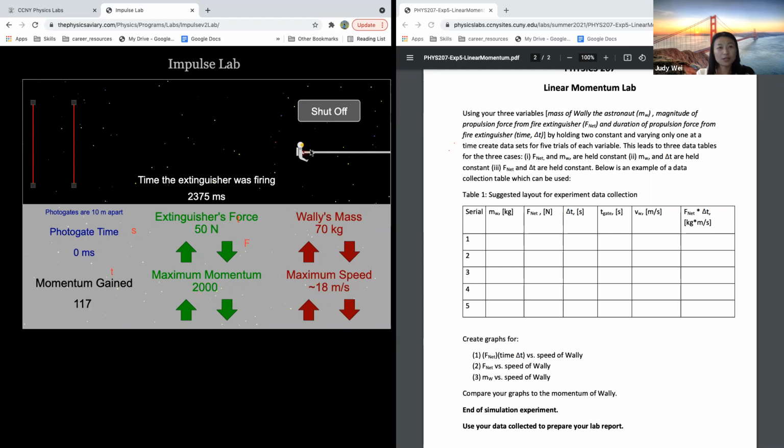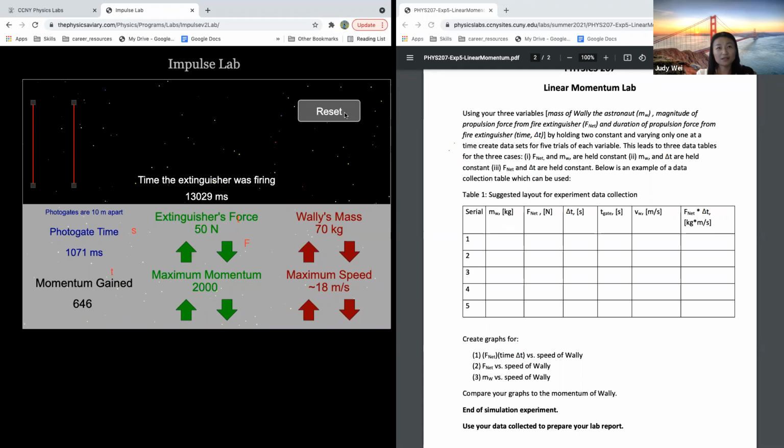Let's say when I do the extinguisher, I reach to here. So how long does it take? Okay, it's 13,000, basically 13 seconds, right? 13 seconds will be when the astronaut goes from here to here. So this is 1, you can try to keep here. It's 13 pretty much. And then you increase extinguisher's force.